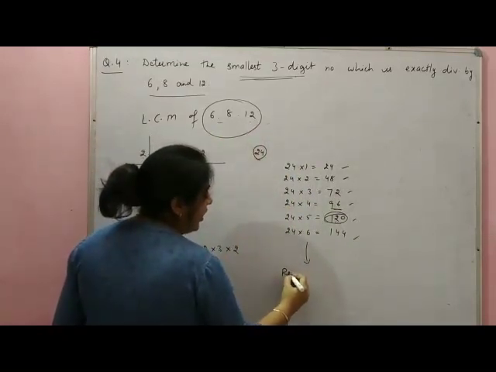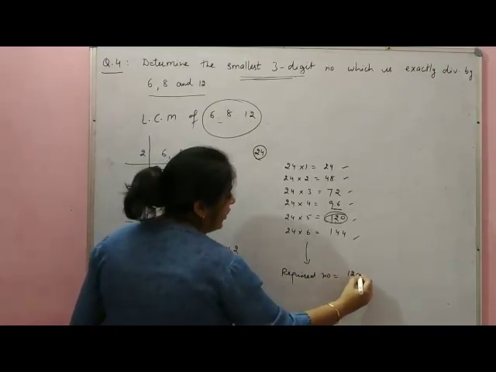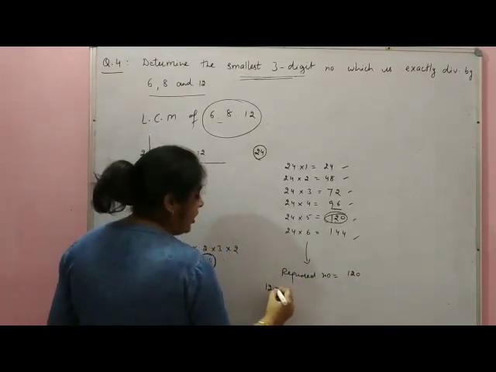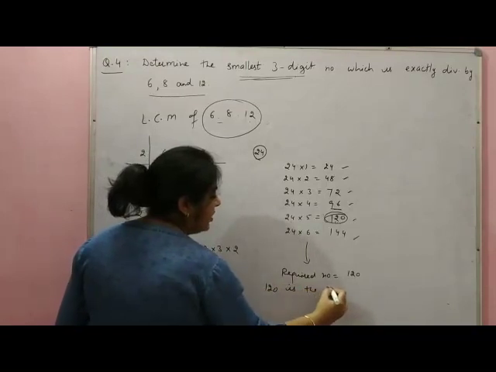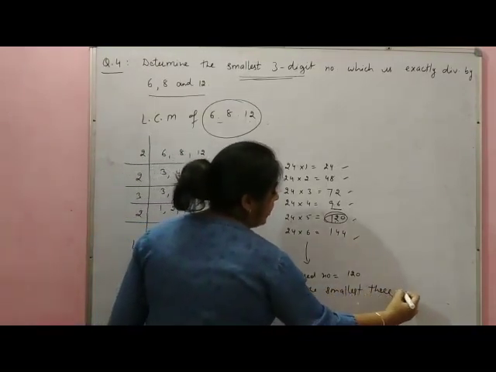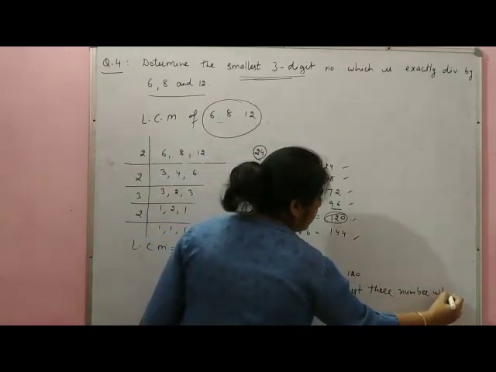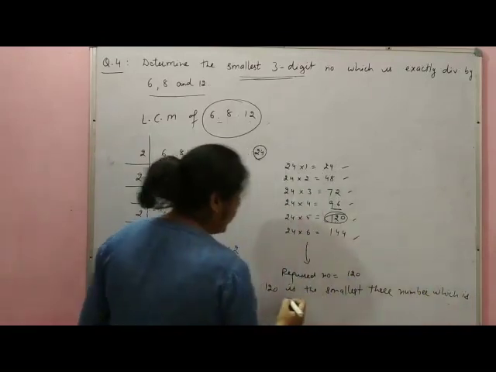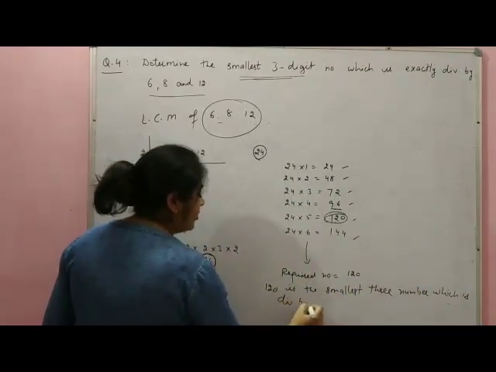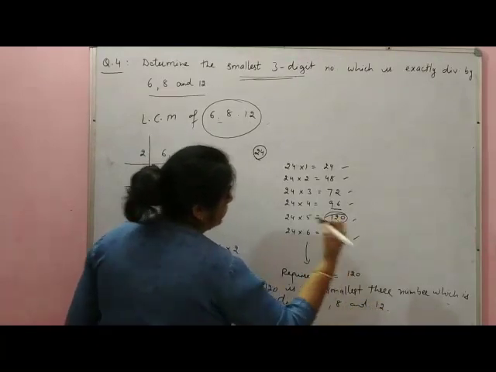So your required number is 120, the smallest 3-digit number divisible by 6, 8 and 12.